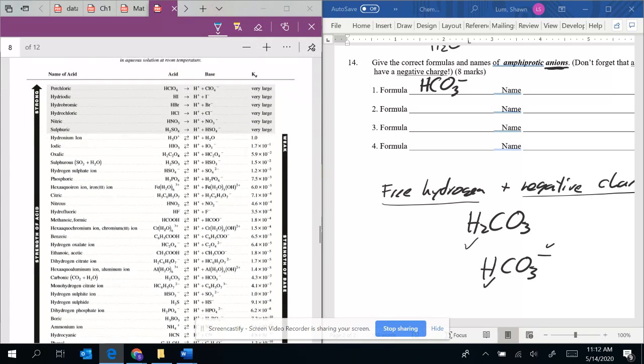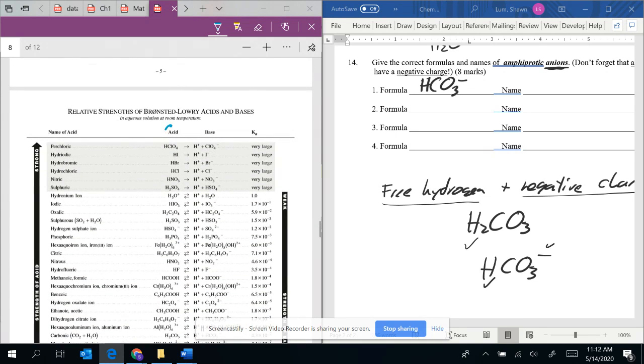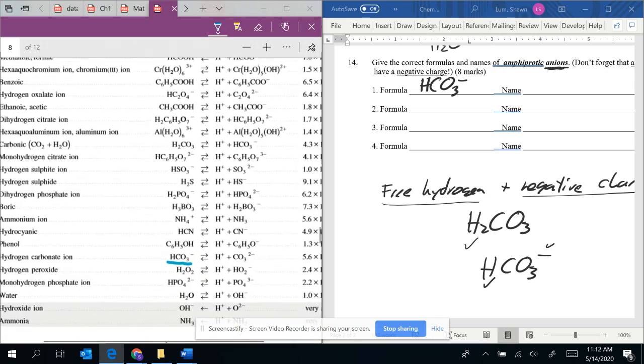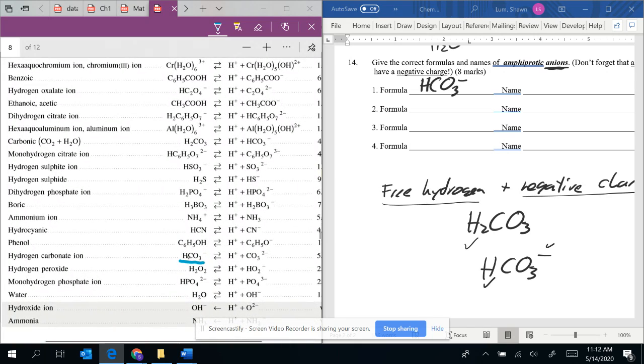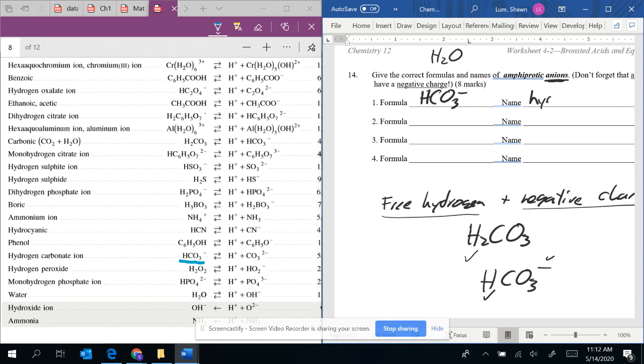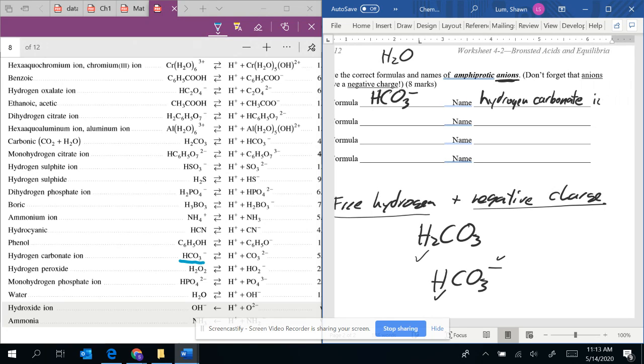Now, on this table, this side right here are the acids, and this side right here are the bases. So here's that HCO3 minus. It's a hydrogen carbonate ion. I'm going to write that right here so I just don't forget. Hydrogen carbonate ion.